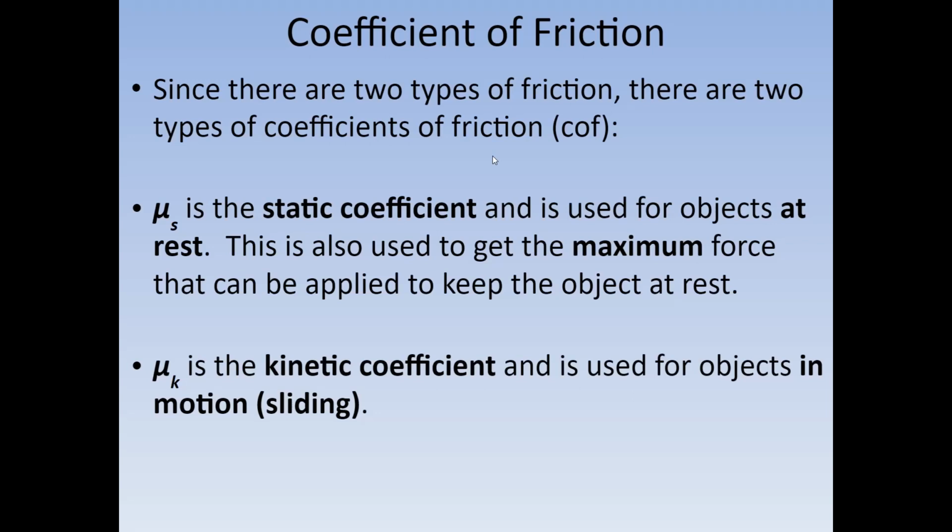And once I apply 40 newtons, well, then it's still going to be 40. But once I apply 41, or just a hair above 40, all of a sudden the object will no longer be static because the static force cannot hold on to it, and it will start to move, and the kinetic friction will come into play. So that's the thing to keep in mind.